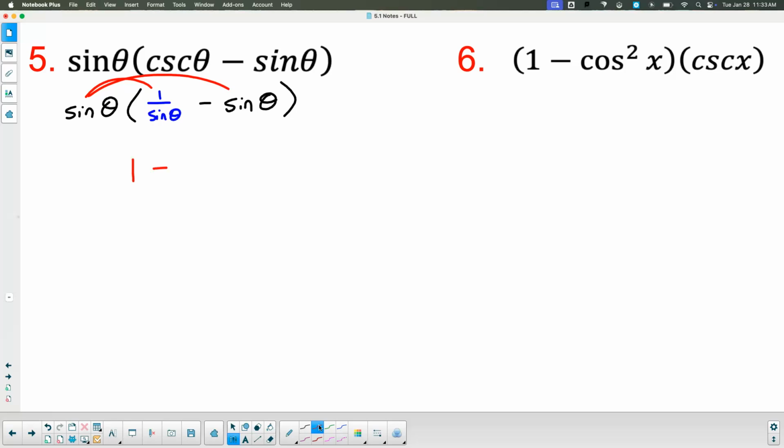Sine times sine is sine squared of theta. Hammer was sine squared plus cosine squared equals 1. So that means then that 1 minus sine squared is cosine squared.